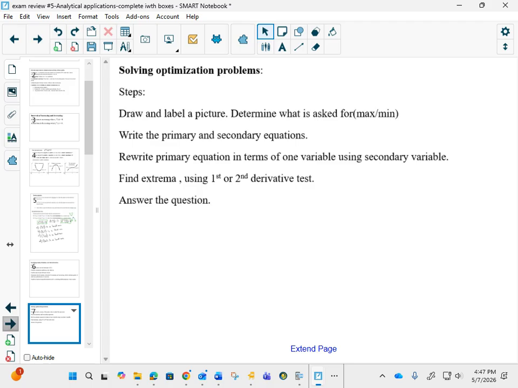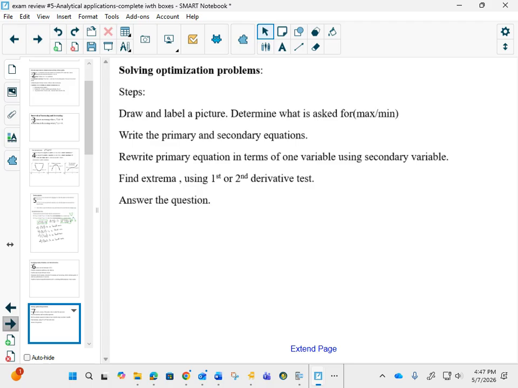So that's where you take the information and you write, well, I want to find a maximum volume. So what's my volume equation? Length times width times height. What other equations do I know? I knew that the width was twice the height.